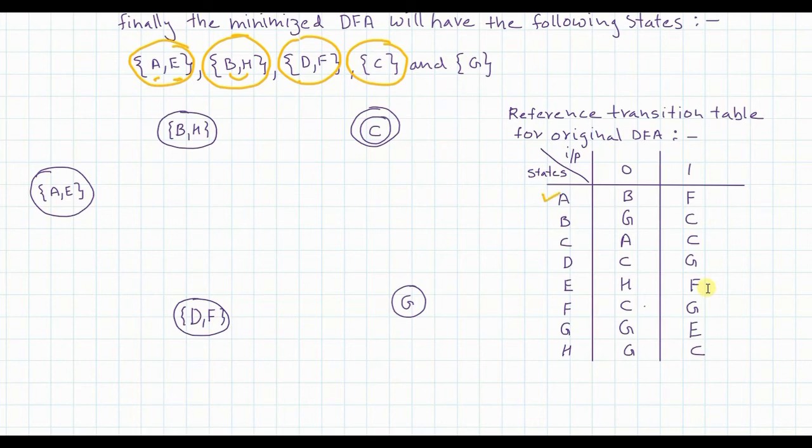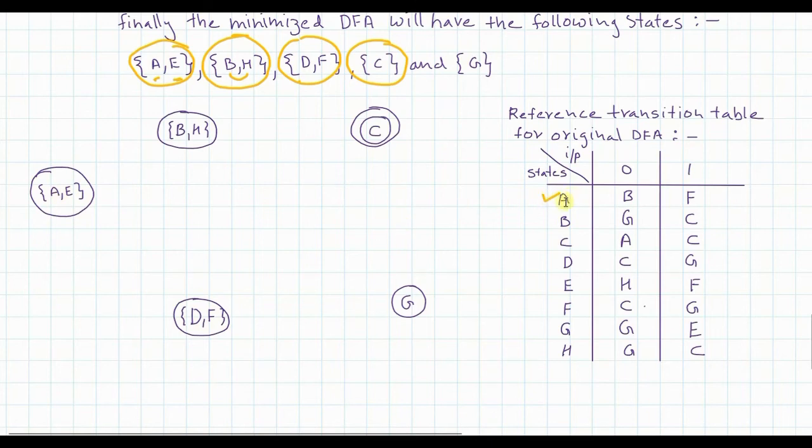State A on reading 0 goes to B. Here A appears as one of the elements, because I am saying that A and E are equivalent. That means whether you call it A or E, both of them will have the same transitions. So A and E together is one state.